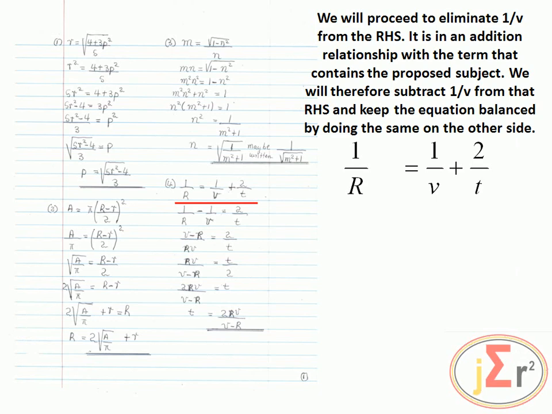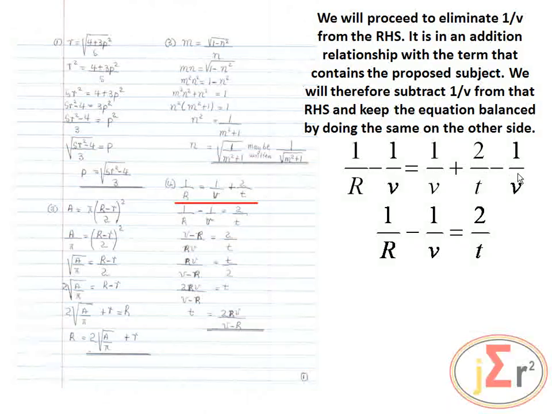So we are eliminating the term. So we have t is the proposed subject. We need to eliminate this 1 over v. So we subtract 1 over v from the right hand side, and we need to do the same on the left hand side. So there we have the 1 over v eliminated from the right hand side, and we have on the left hand side this negative 1 over v.